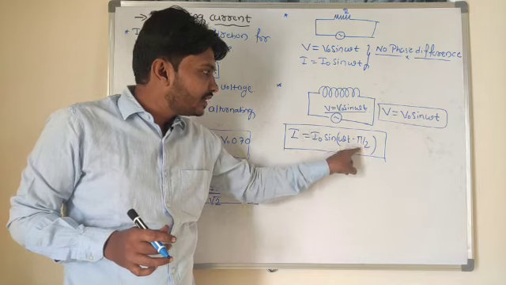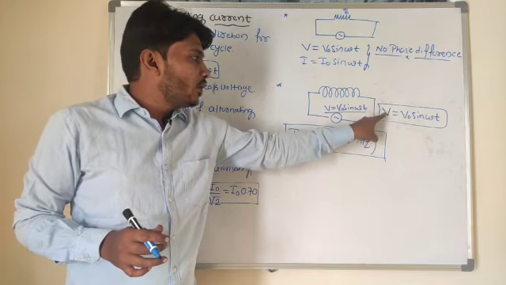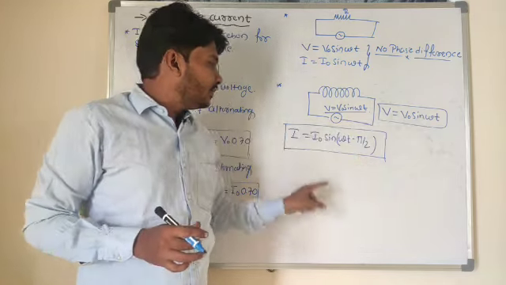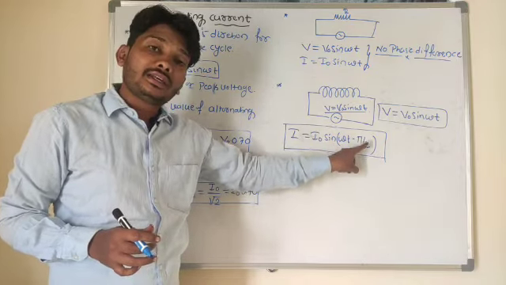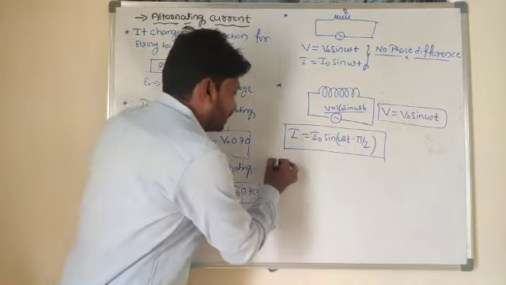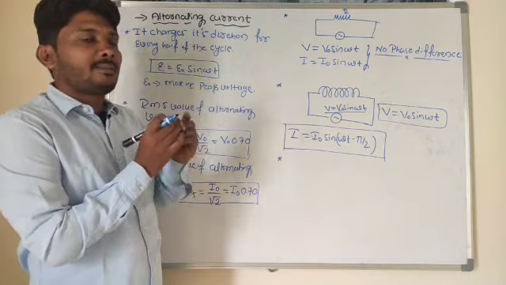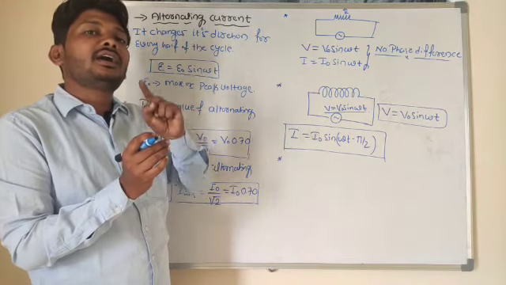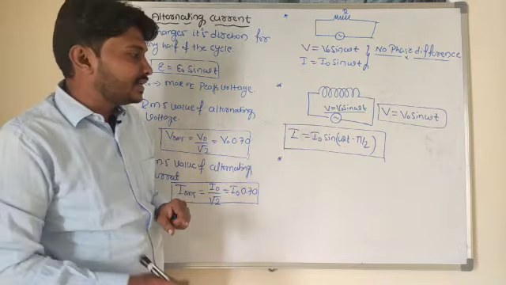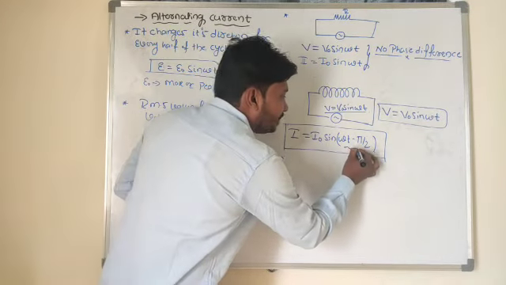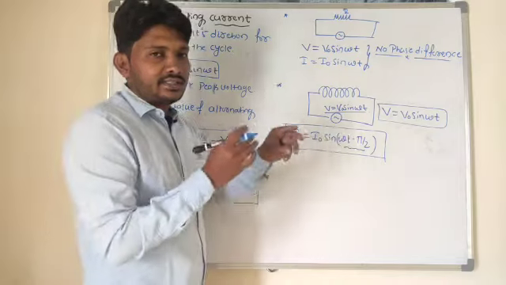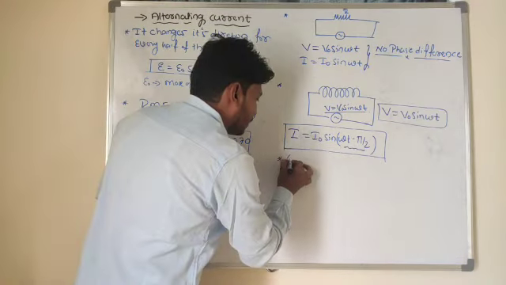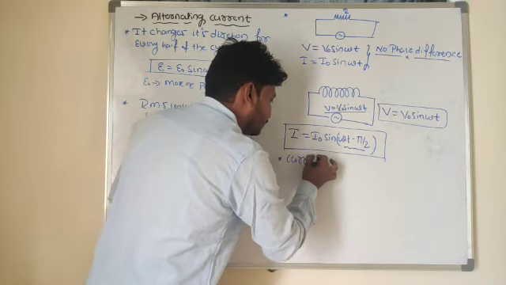So there exists a phase difference between current and voltage here. Voltage is omega into T, while current is omega into T minus pi by 2. So whenever alternating voltage is supplied to an inductor, there exists a phase difference between current and voltage. I can say that current is lagging behind the voltage. The negative sign, minus pi by 2, means current is lagging.